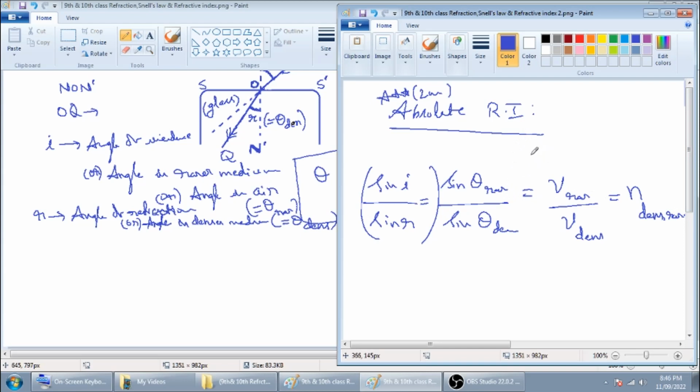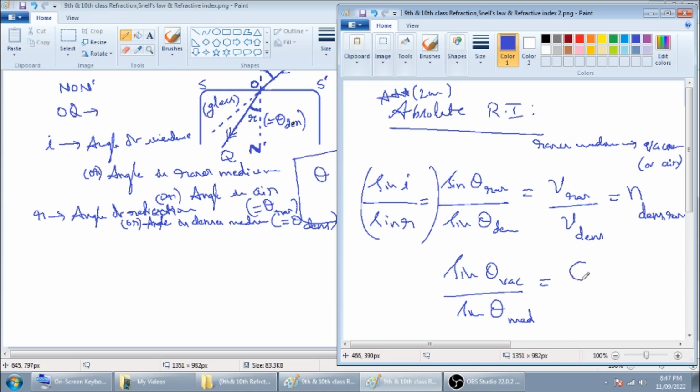So here the rarer medium we are taking as vacuum, exactly speaking, or roughly it can be taken as air also. The denser medium we are taking as any medium, because any medium will be denser compared to vacuum. So the equation can now be written as sine theta vacuum divided by sine theta of that particular medium, written as med for medium, equal to the velocity of light in vacuum.